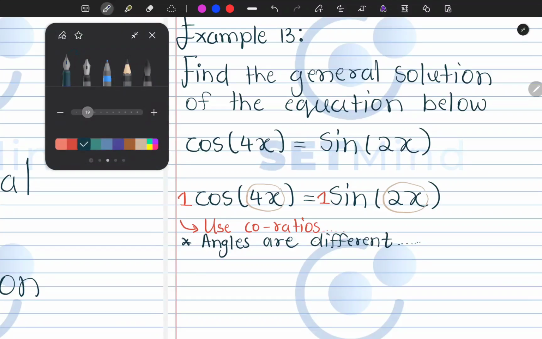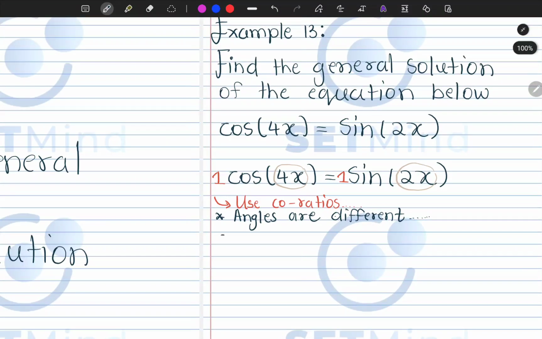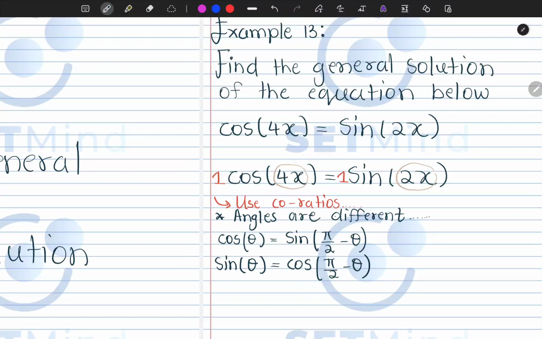But what is it which I'm supposed to remember? What I'm supposed to remember is that if I have cos of theta, this I can write as sine of pi over 2 if I'm working in radians minus theta. Or if I have sine of theta, I can write this in terms of cos and have pi over 2 minus theta.